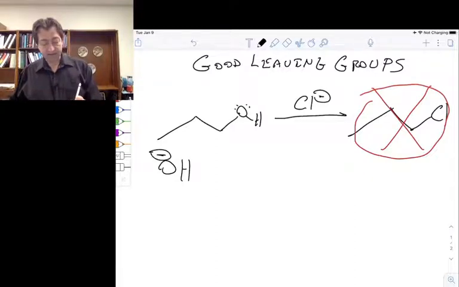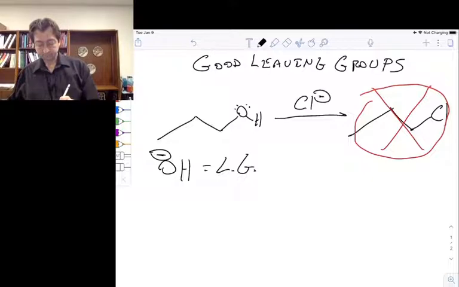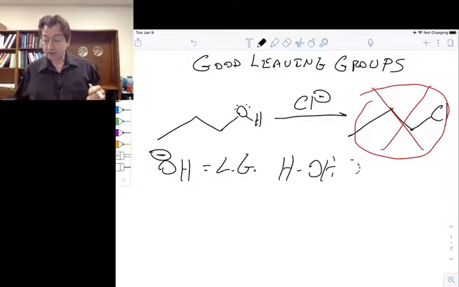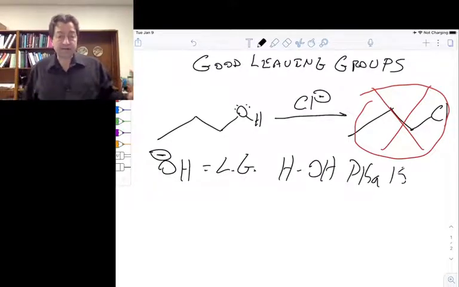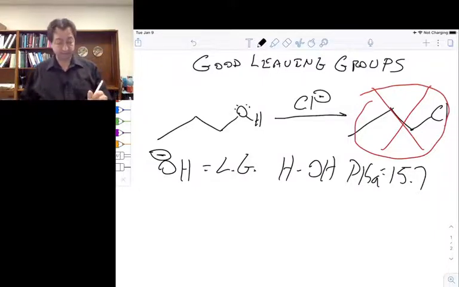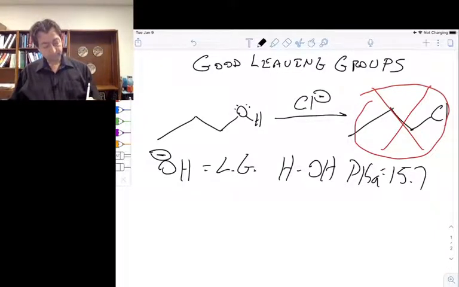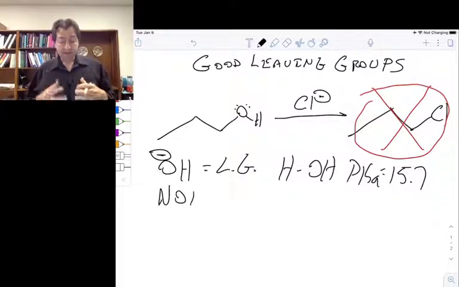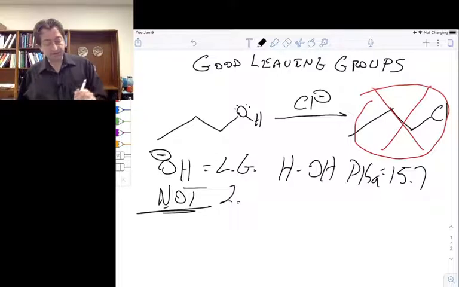That's the conjugate base of water, pKa of 15. That's not a very good leaving group. We said things that make strong bases, we just typically don't observe them being good leaving groups at all. So OH minus is not a leaving group. And Cl- is not a good nucleophile.